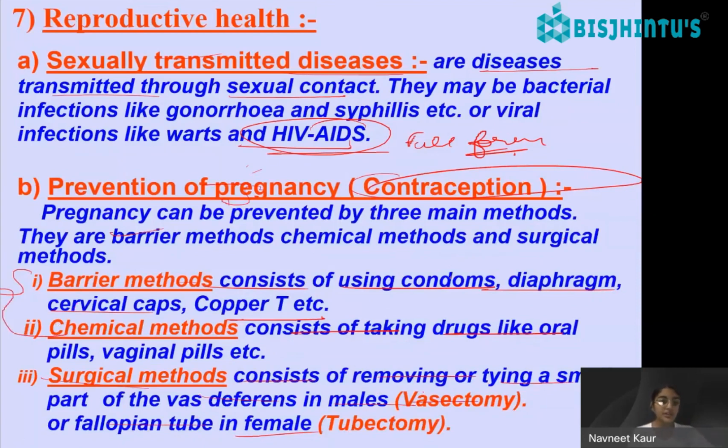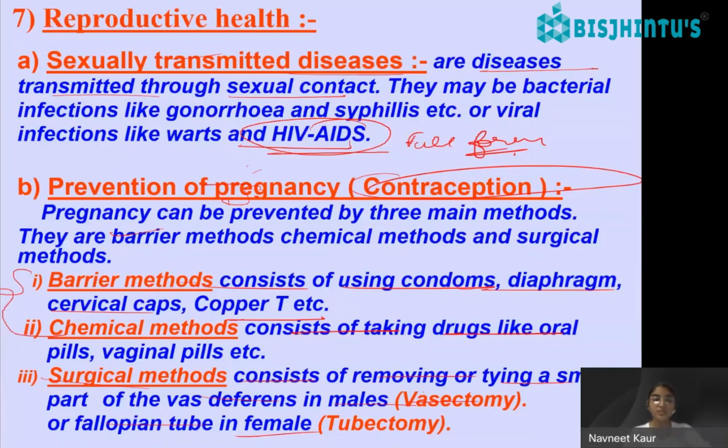But the surgical methods are permanent methods. In the male reproductive system that we studied, if we remove or tie that small part of the vas deferens, then transportation of male gametes will not take place, and for the obvious reason fertilization will not take place. Same in the case of females.